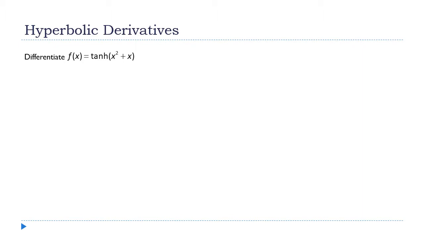Well, this is a chain rule situation. x squared plus x is the u in my formula. And the formula says the derivative of the hyperbolic tangent of u is hyperbolic secant squared u times du dx.